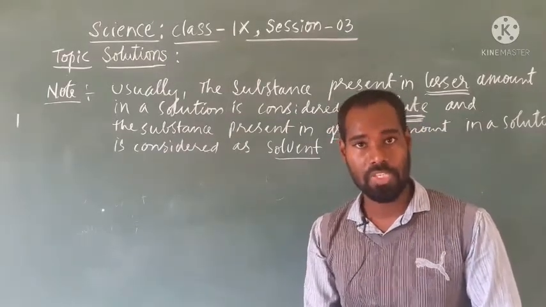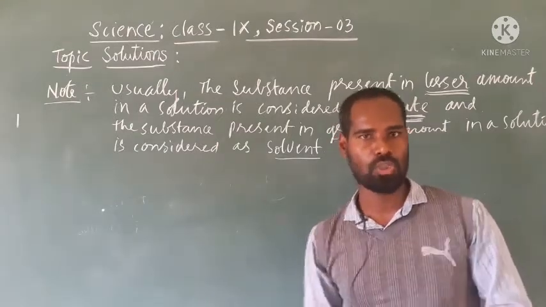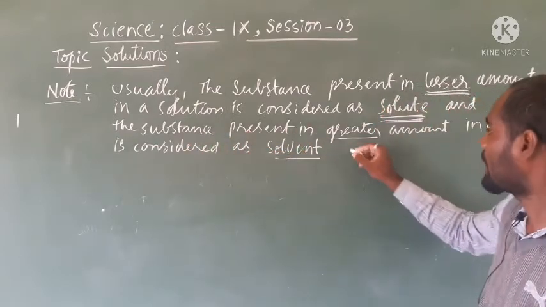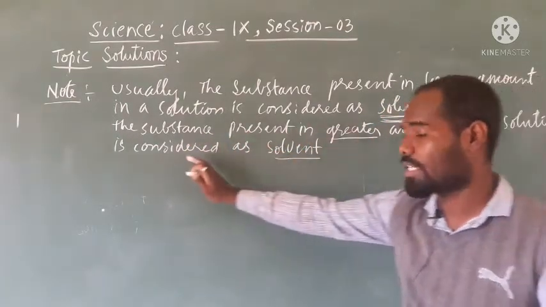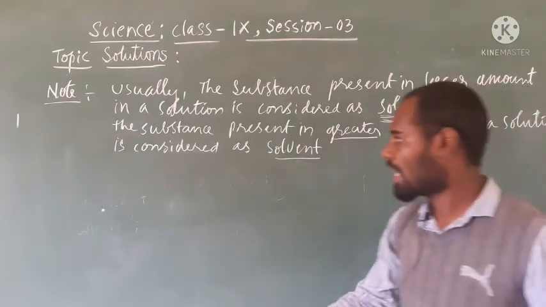Once again, it's a note, most important point. Let me give you an example and I'll make you understand thoroughly. One more sentence: the substance present in a greater amount in a solution is considered as the solvent.